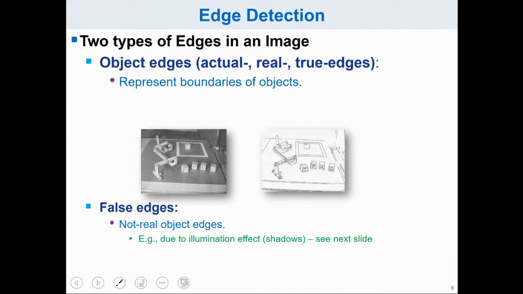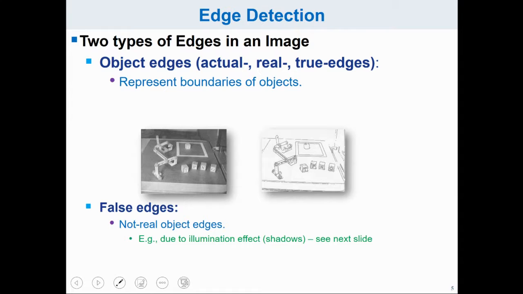So edges in general are a representation of boundaries of foreground objects or between objects in general. If you look at the room that you're sitting in right now, and you try to look at any edge that you see, you will see there is a change in color between any two regions, and that's what distinguishes an edge.